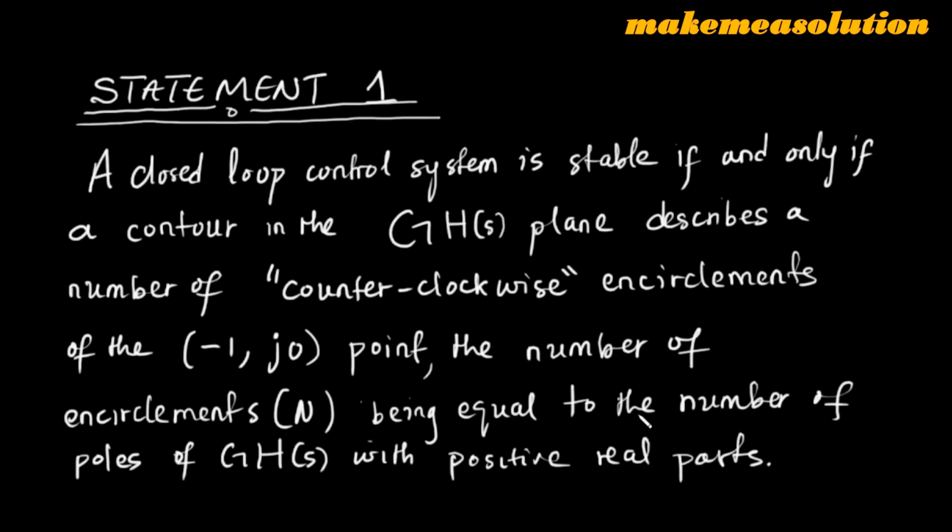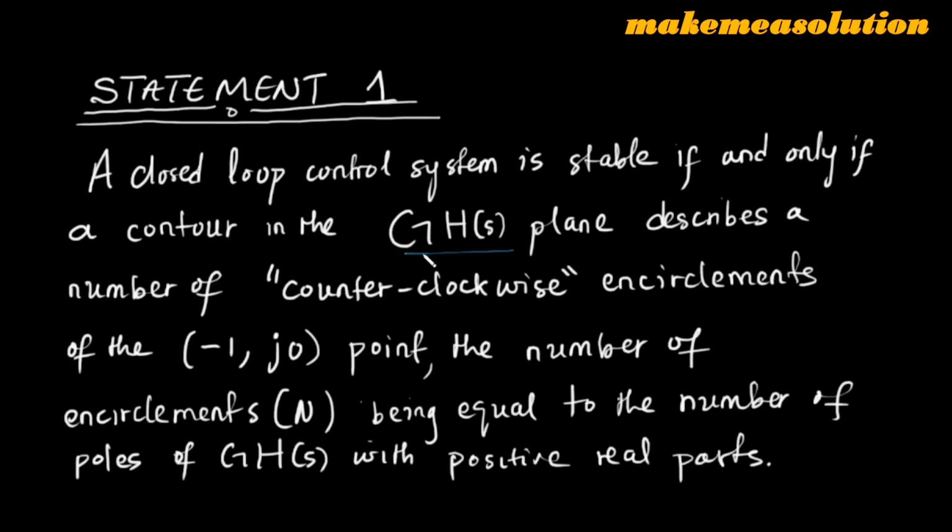They're trying to tell us that a closed loop control system will be stable if the contour of this function... anytime we're given a control system to analyze its stability, we are going to draw the contour, or the Nyquist diagram, of this function. The Nyquist diagram of this function is what we call the contour.